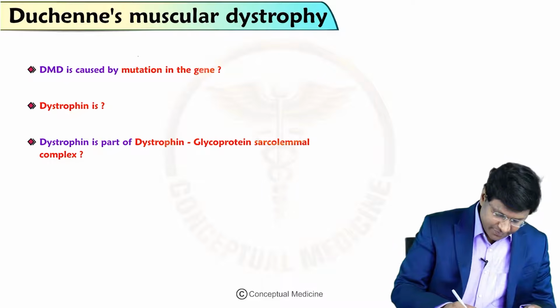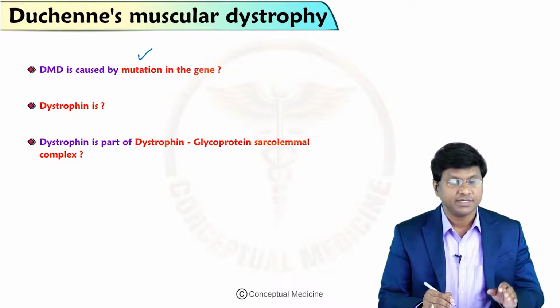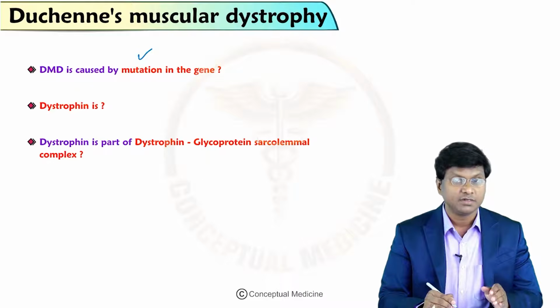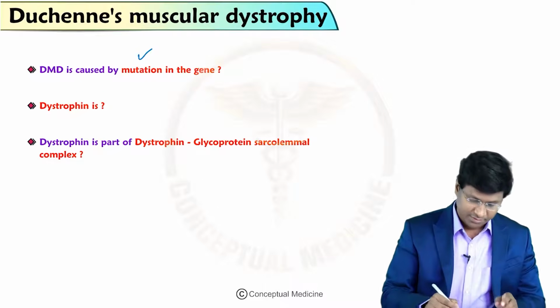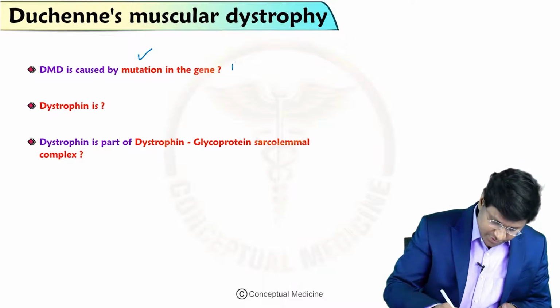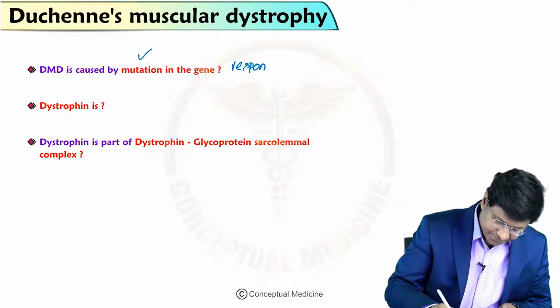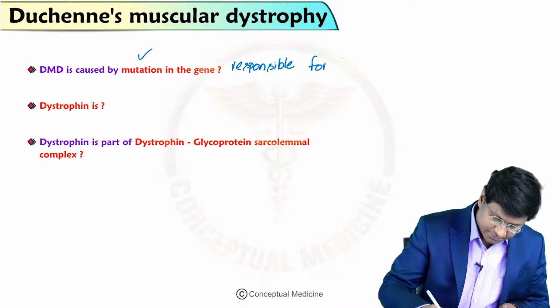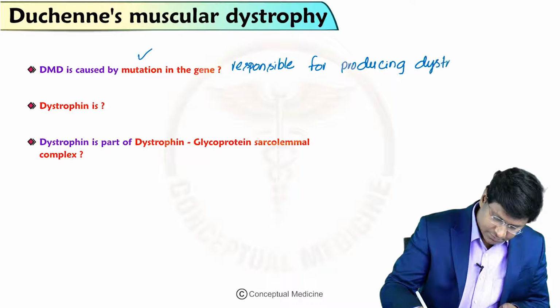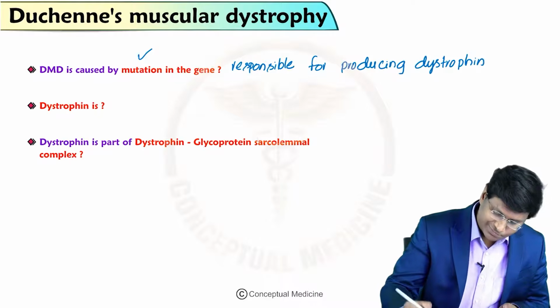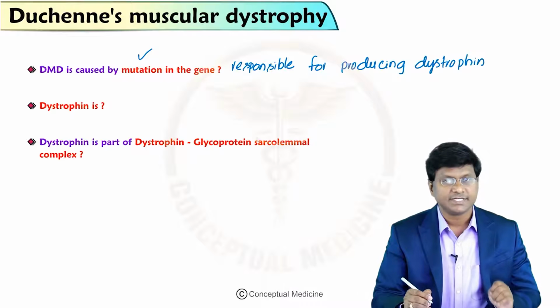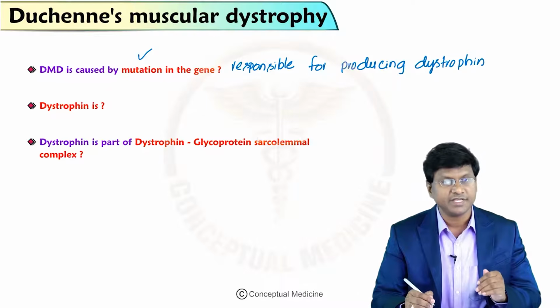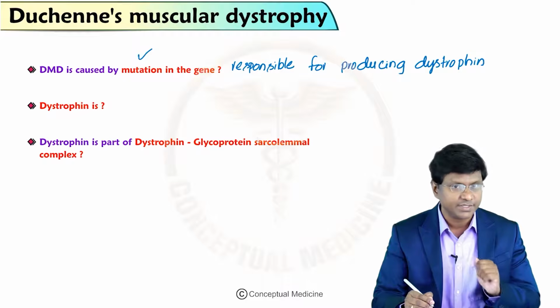Duchenne muscular dystrophy is caused by mutation in the gene responsible for producing dystrophin, right? That is what is your Duchenne muscular dystrophy. It is caused by mutation in the gene responsible for producing dystrophin.